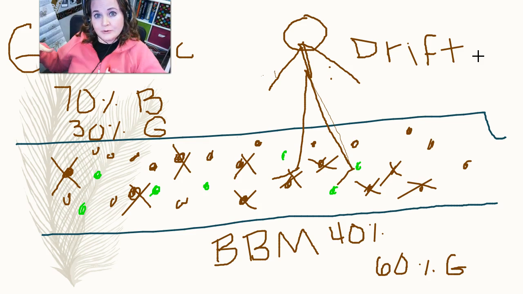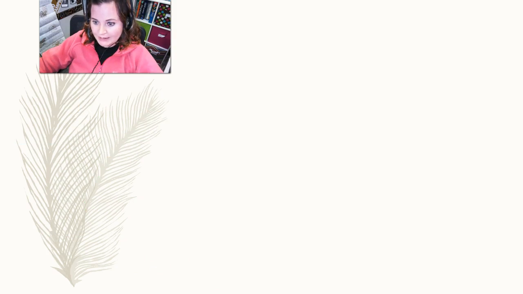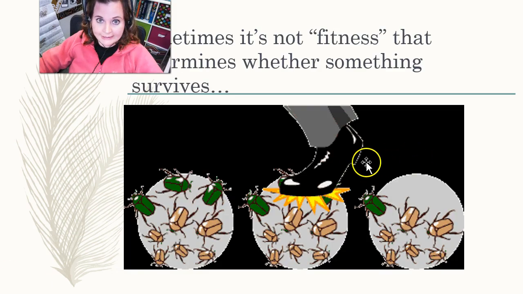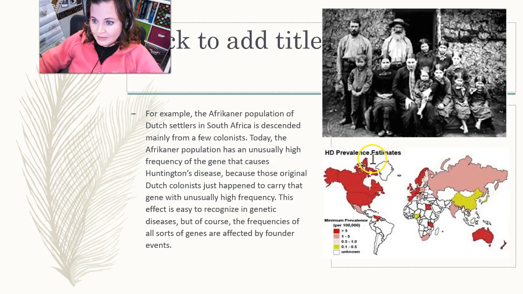And sometimes it's a temporary thing, and you can see a rebound in the brown beetles over time. And sometimes it's a permanent change, depending on how many of them got killed, right? So let's look at some incidences where we see genetic drift. We talked about the brown beetle massacre already. Okay, that's one incident. But there are other ones.